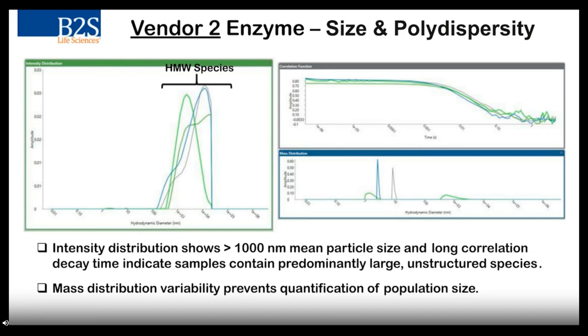What that means to us is that this material was probably aggregated as received. If you look at the mass distribution, it's all over the place and uninterpretable. But the correlation function and the intensity distribution indicate that by and large, the predominant species are large particles.